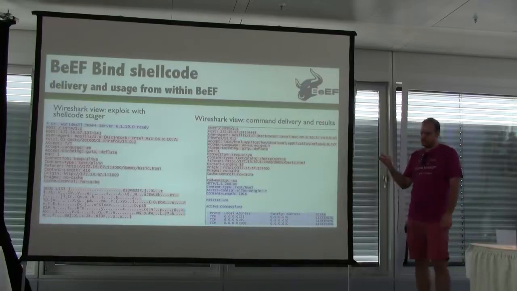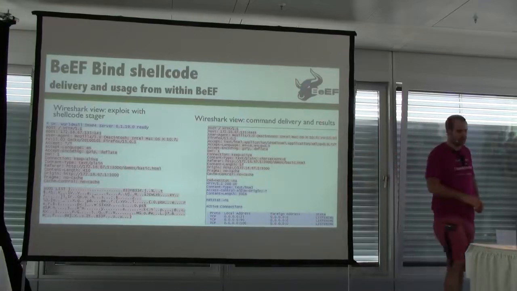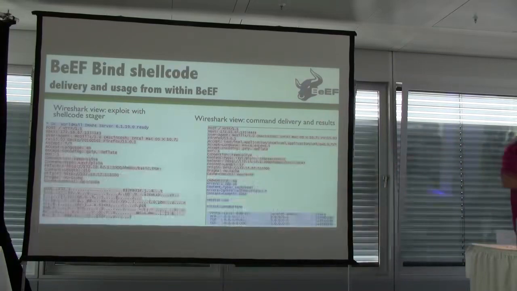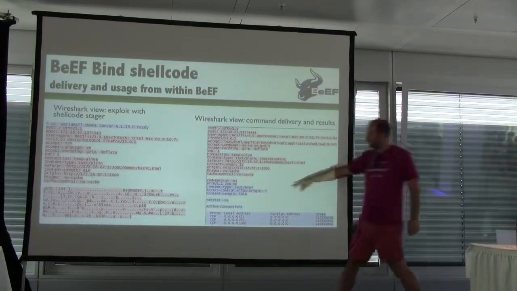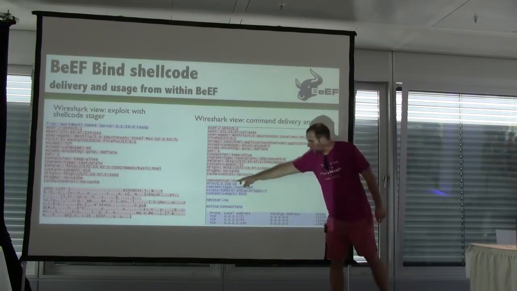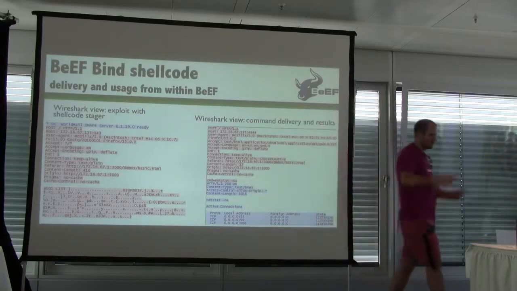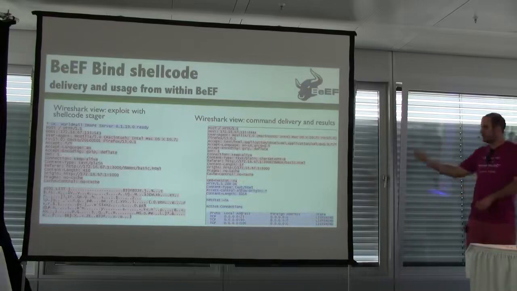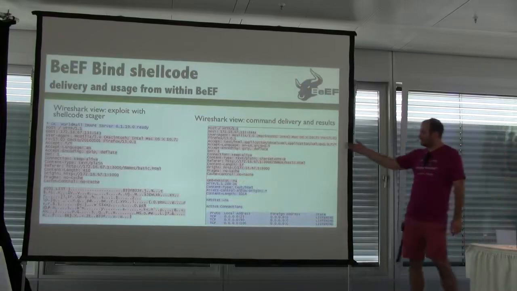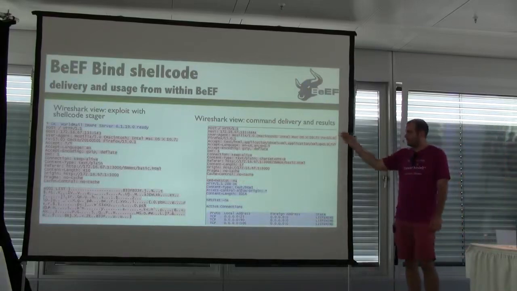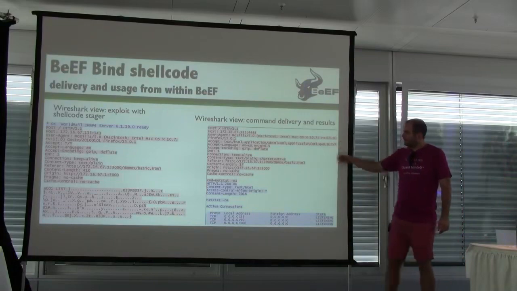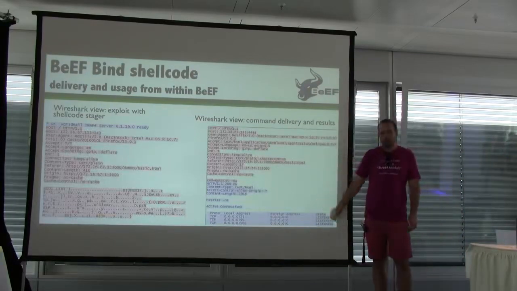The second request, which is not covered here, is sending the stage, which is basically the same kind of request as this one, with the exception that here you have other shellcode, which is the second part. When that is delivered, you can interact with that particular port just with normal cross-origin POST.